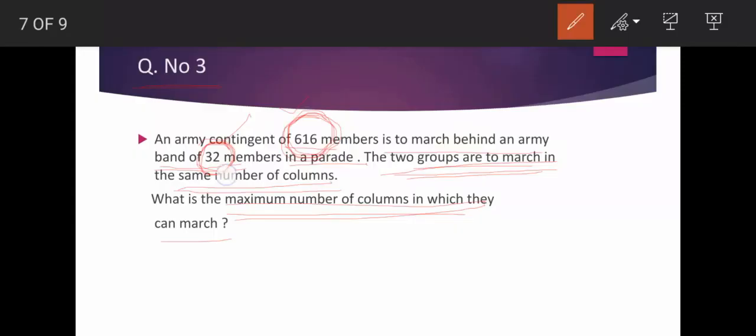For this band of 32 members and this contingent of 616 members, they must have a common number of columns. So what is the maximum number of common columns in which they can march? That we have to calculate. In other words, we have to calculate the highest common factor of these two numbers, 32 and 616.